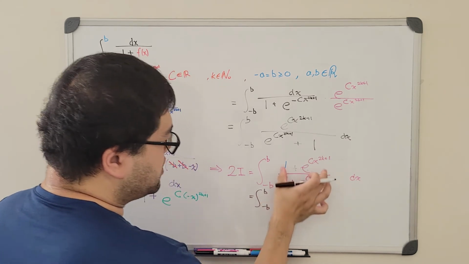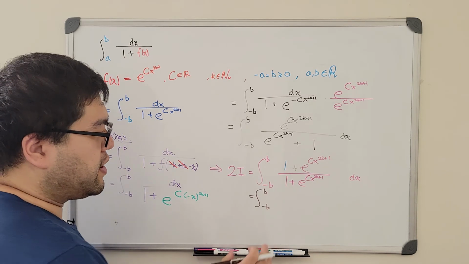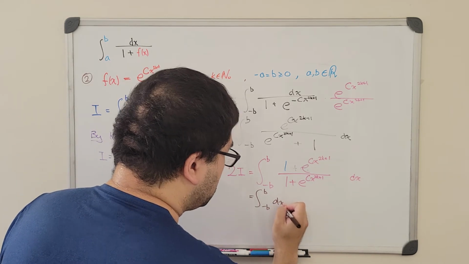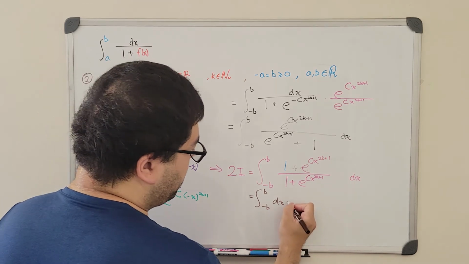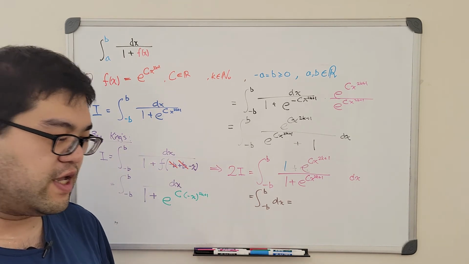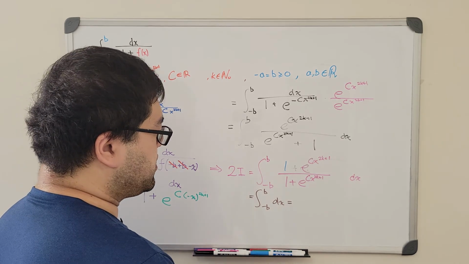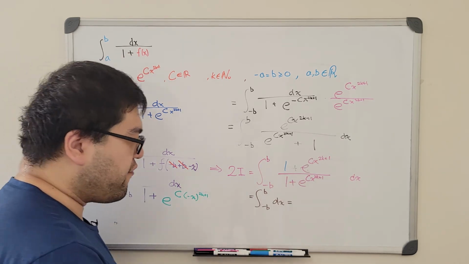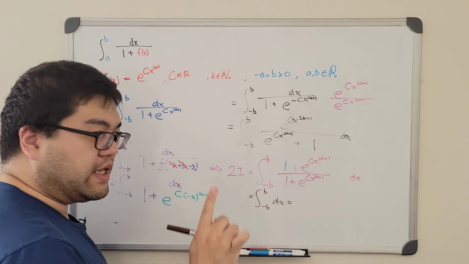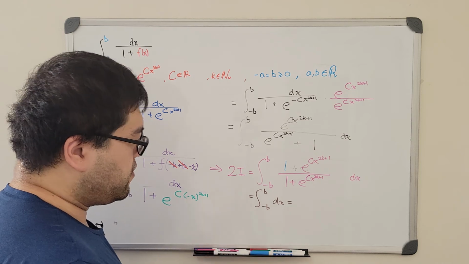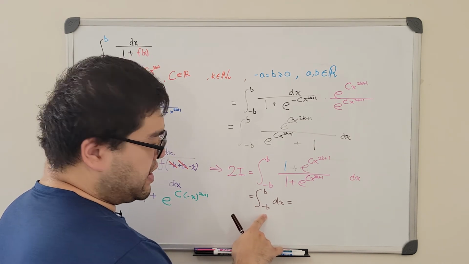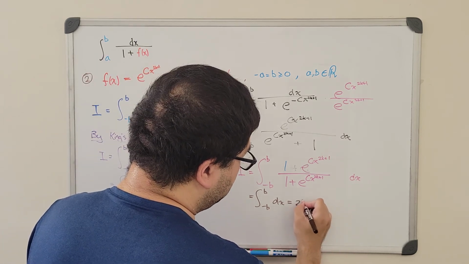So since the numerator and the denominator are the same, after the cancel out, we just get 1 in the expression times dx. So again, we just have a very nice integral from negative b to positive b of dx. So we can just think that is a rectangle on the graph, and this rectangle has the height that is equal to 1 and the length is equal to b minus negative b, which is 2b.